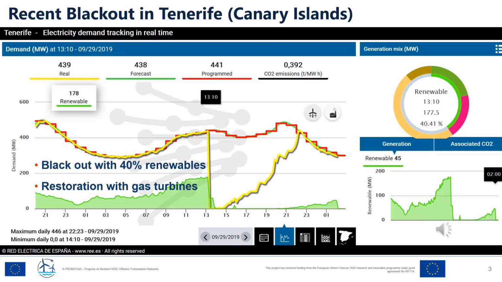It took about 9 hours for the full recovery of the system, and system restoration was carried out with gas turbines because the renewable energy there is not black start capable. So if we want to reach the European Green Deal targets of more than 70–80% renewables, not using the renewables for system restoration is simply not an option.